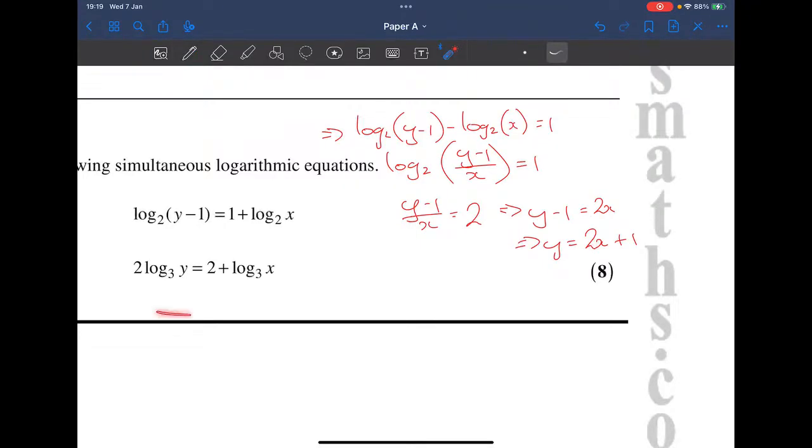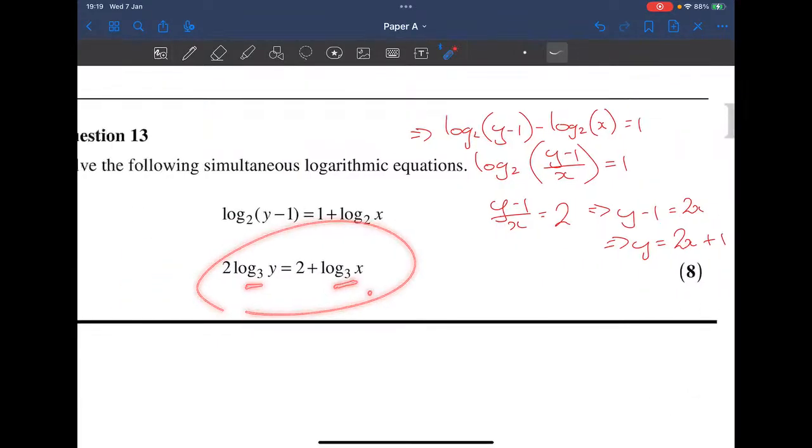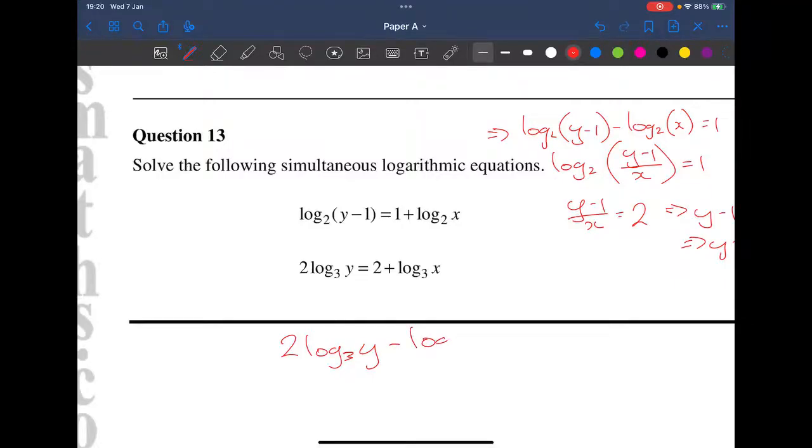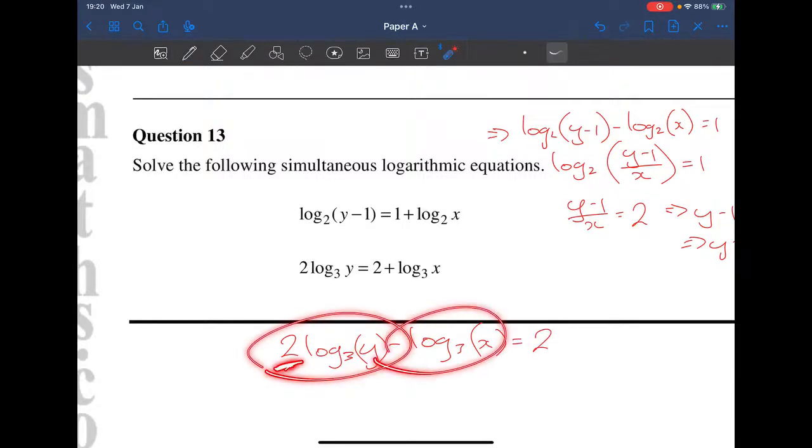Similar process for the one with the base 3. Looking at this though, it's going to have the 2 on the front, so it's going to make it squared. But let's first bring them all over. We'll have 2 log base 3 of y, take away log base 3 of x. We'll put brackets there too. All equal to 2. We need to do this 2 before we do the subtraction.